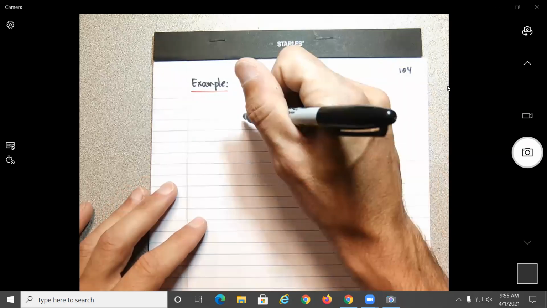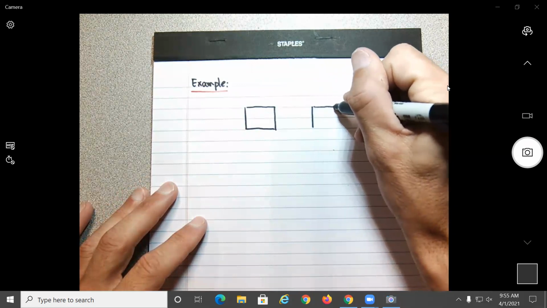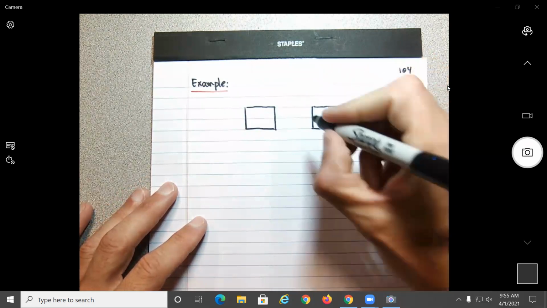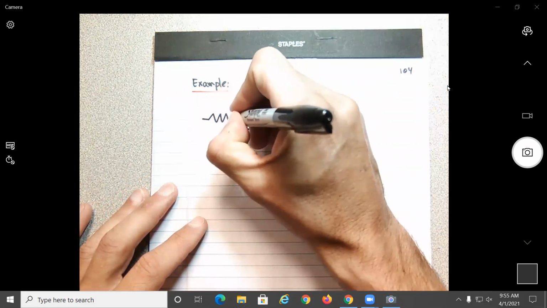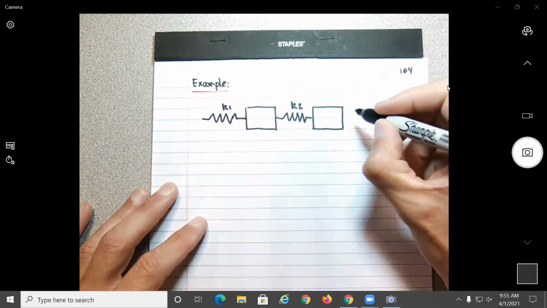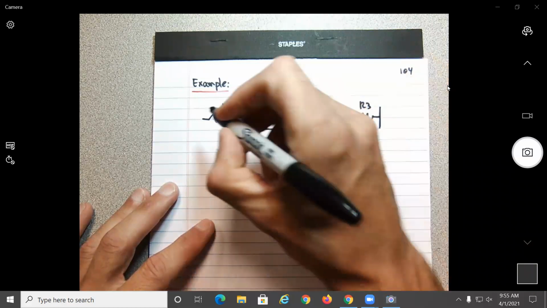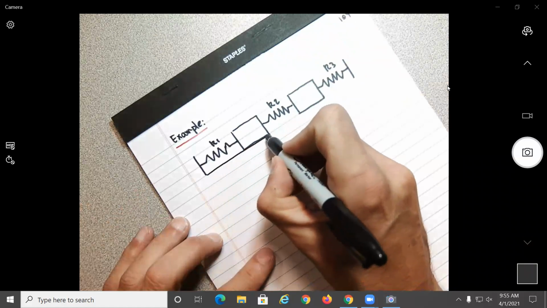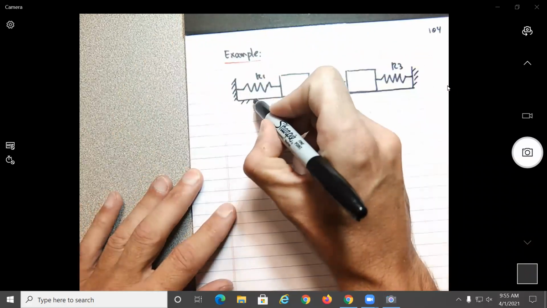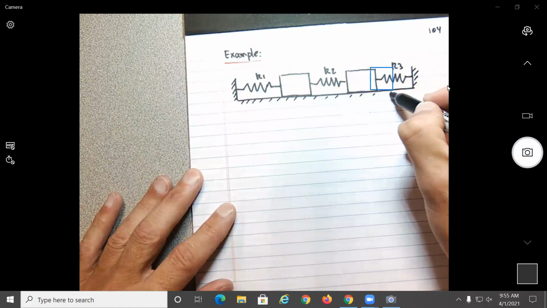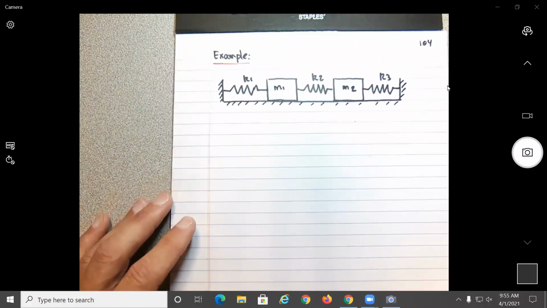So in this case, again, we're going to have those two masses, with springs K2, K1, and K3, and masses M1, M2.